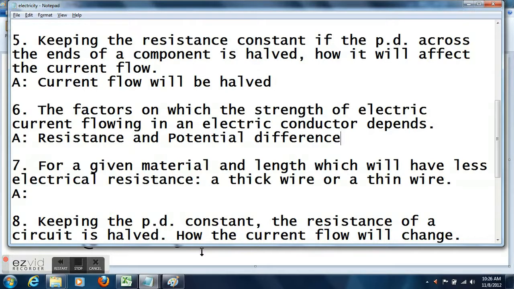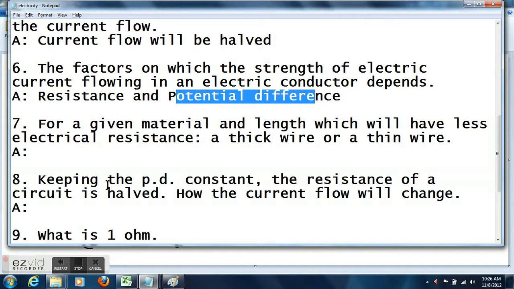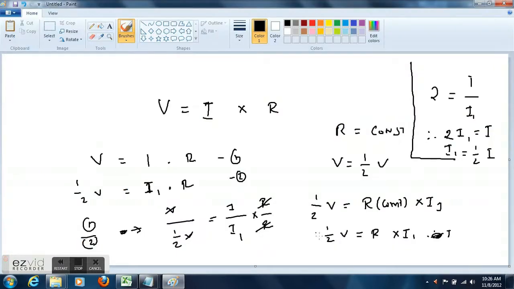Next question. For a given material and length, which will have less electrical resistance, a thick wire or a thin wire? Let us draw a thin wire and let us draw a thick wire.